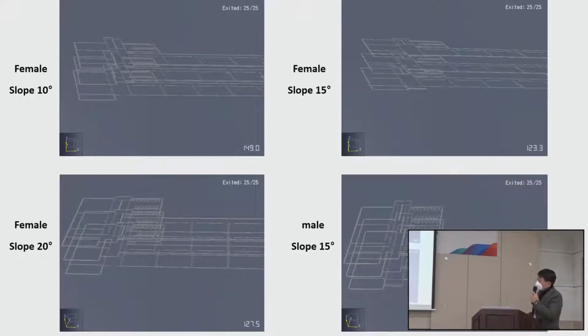The final RSET at slope 15 degrees, 10 degrees, 15 degrees, 20 degrees, male slope 15 degrees.